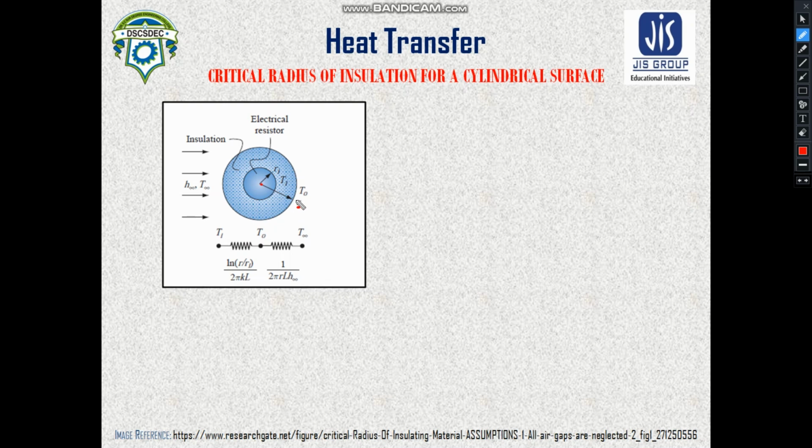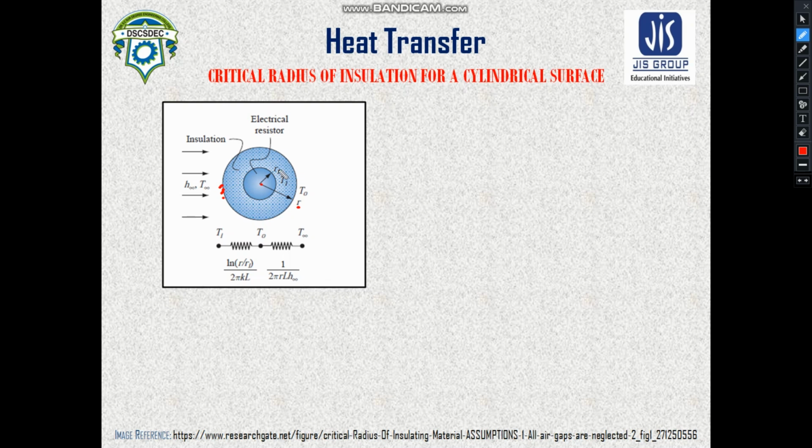From here to here, you can see this heat transfer will be taking place, and this heat transfer would be carried by the mode of conduction. And between the outer surface, that means this surface, and this fluid, the heat transfer will take place via convection. So there are two simultaneous effects.